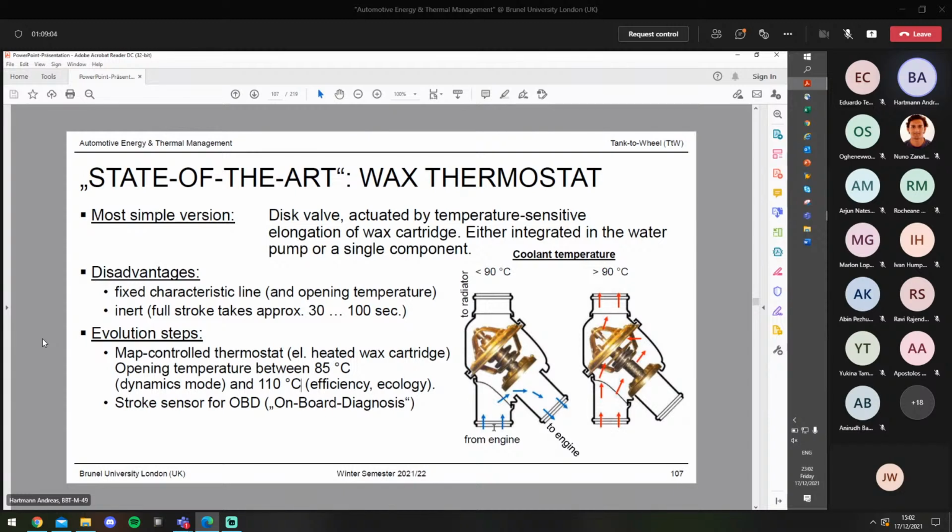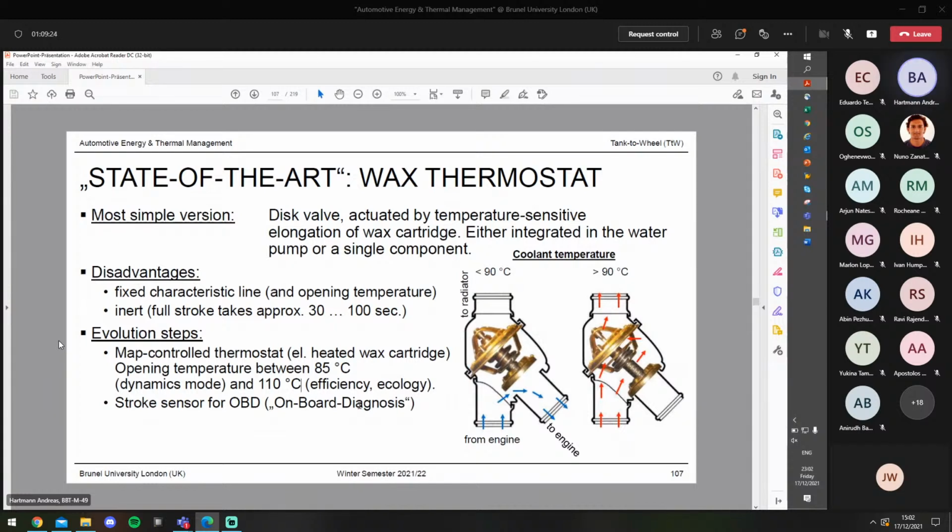If you now design the passive wax element to exactly this temperature, you might face issues in terms of uncontrolled self-ignition, in terms of overheating, when the driver then suddenly is asking for a high power.